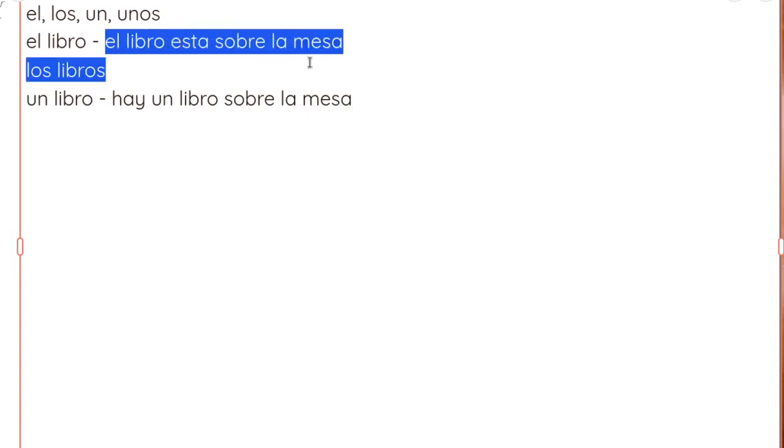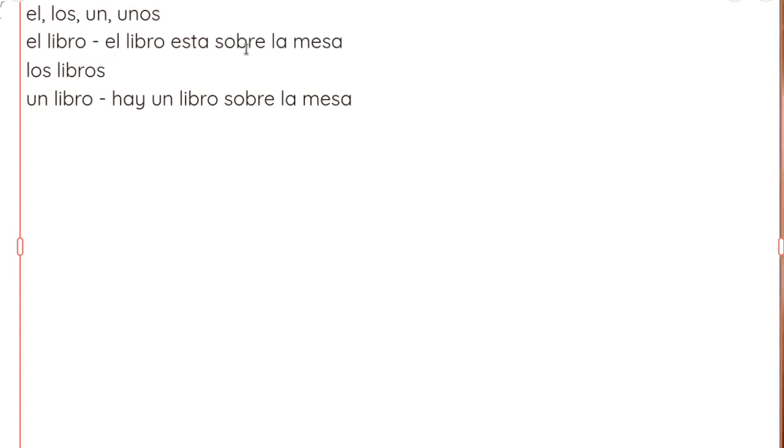In English, this sentence will say the book está on the table or over the table. In this one, it said there is a book, in this case un becomes like a book.